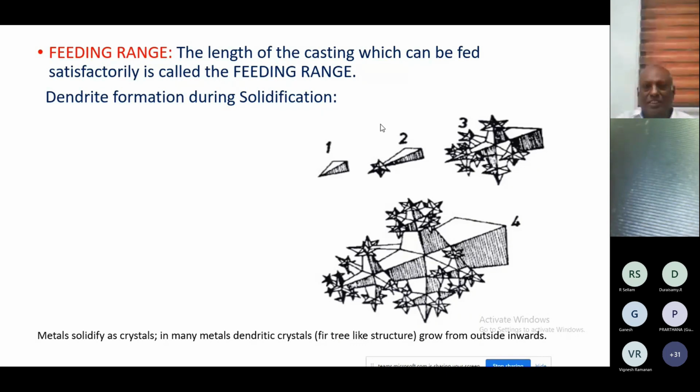Further, it goes on similarly, just like a fir tree, sideways. In every tip, more and more crystals are formed and deposited. This is a dendrite. In many metals, dendritic crystals, fir tree-like structures, grow from outside inwards.